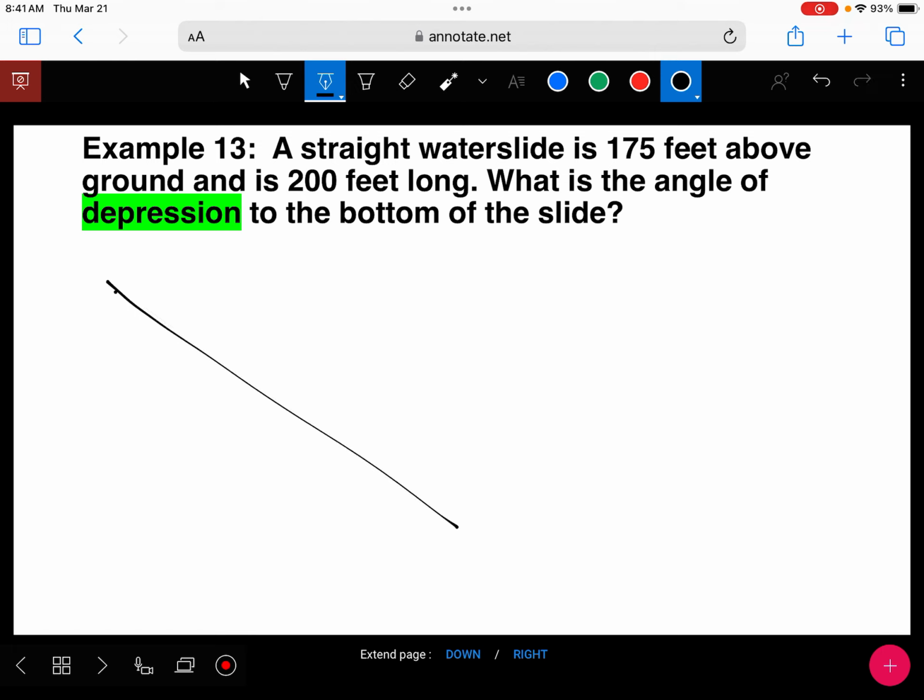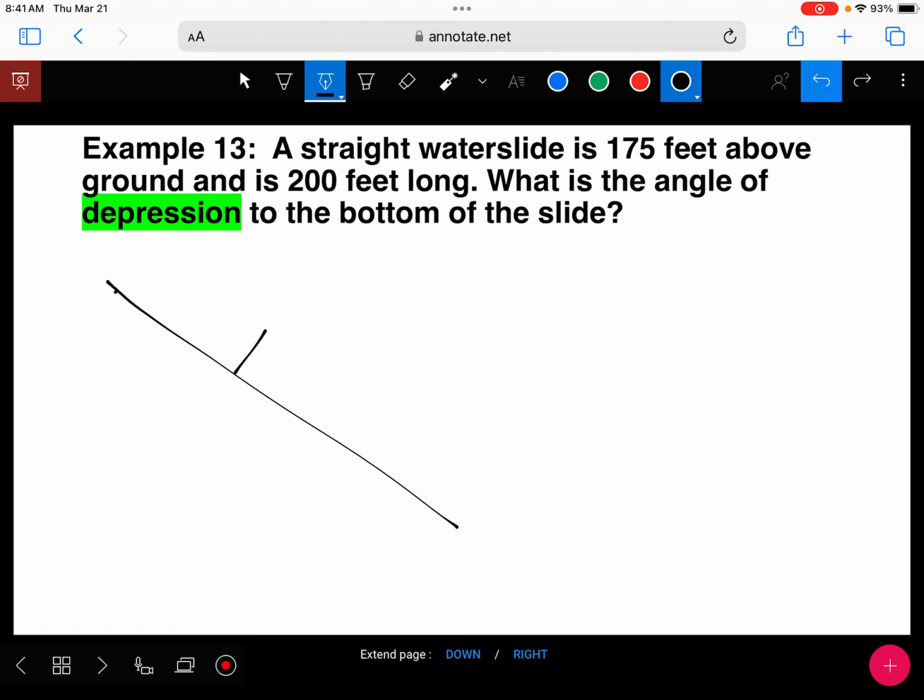I think there was an error in the question. You think the book messed up? You're right. So it's a straight slide, so it doesn't curve and go twisty turny. You climb up and you just slide straight down. So it's 175 feet down.